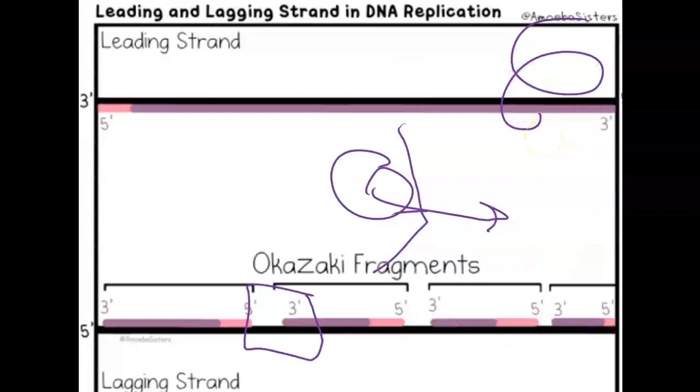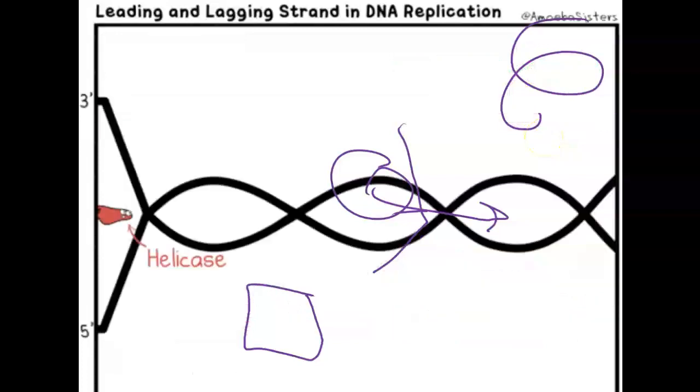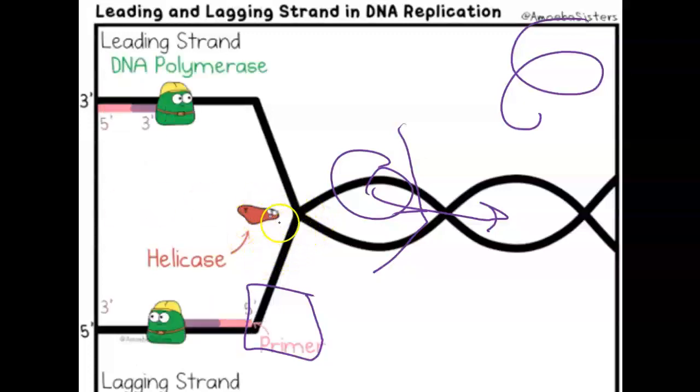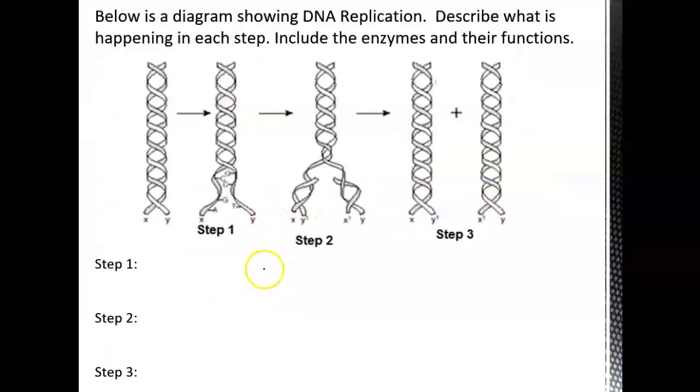It doesn't matter that you know that it's 3 to 5 or 5 to 3, although if it helps you to understand all that, you can review that in the part of the lecture from the video that's going to be tacked on. All right, here's the diagram showing that you're going to have to be able to summarize this. So step 1 needs to include helicase.